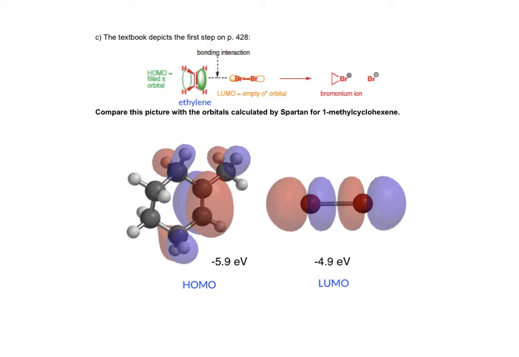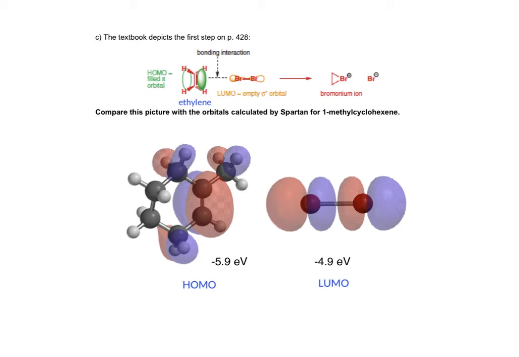I've also provided the energy levels for the HOMO and the LUMO. And you can see that these energies are fairly well matched. The HOMO is high enough in energy, the LUMO is low enough in energy to where the electrons do not have to go into a particularly high energy orbital in order for electron donation to occur.